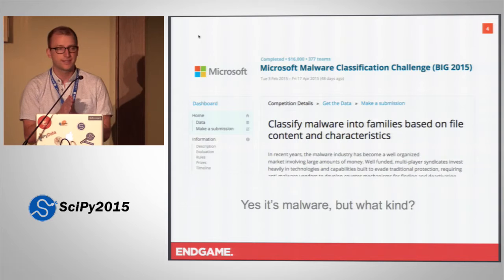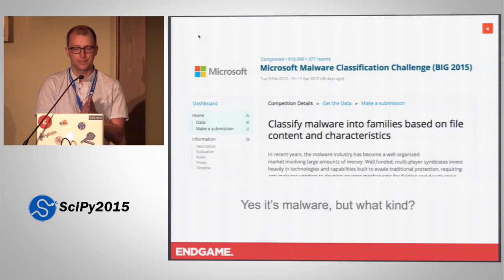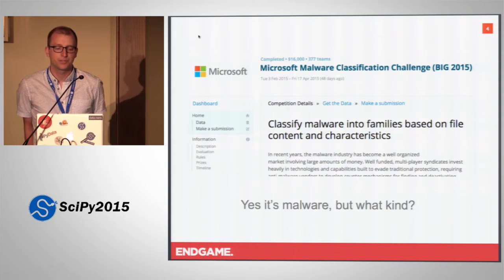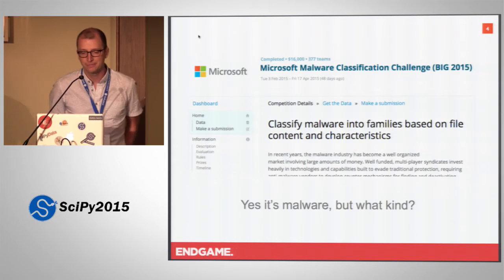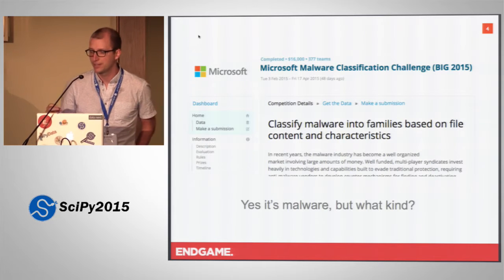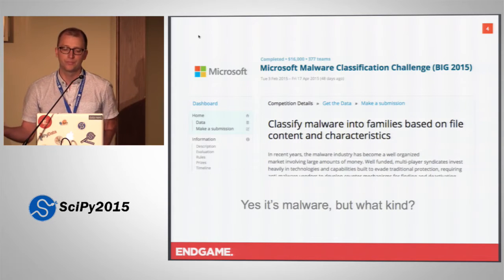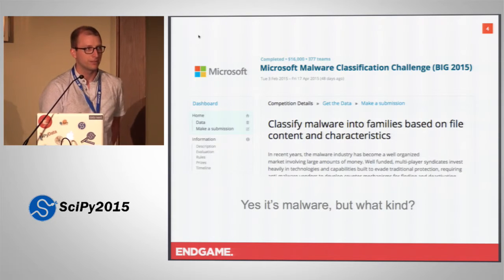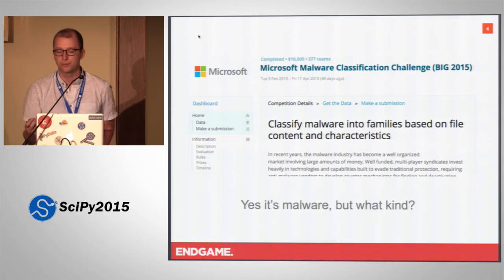There was a data science competition that was hosted recently on the website kaggle.com. Microsoft made available some samples of labeled malware and asked the question, what family of malware did all these samples belong to? There is a problem out there that, when you're given an unknown binary, is this malware or not?